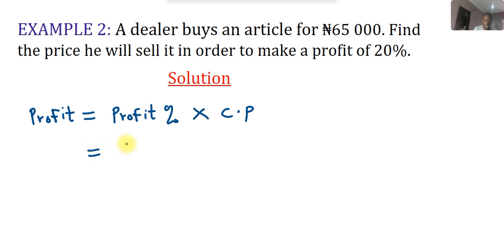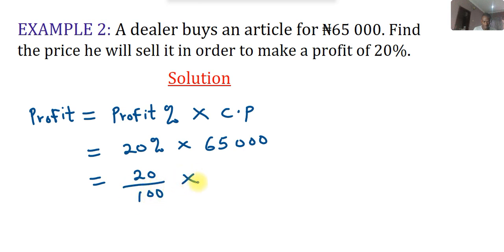So we have, therefore, our profit is then 20% multiplied by what? By the cost price, which is 65,000 naira. And 20% is 20 divided by 100 multiplied by 65,000 naira over 1.